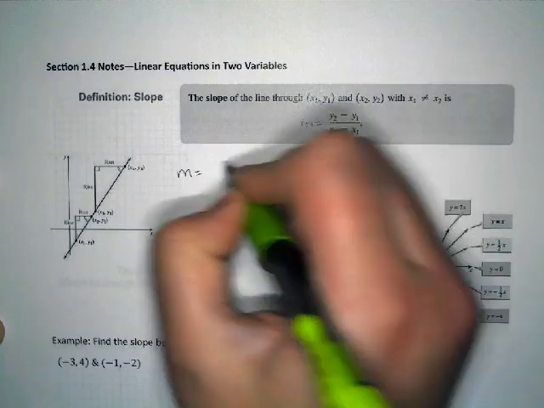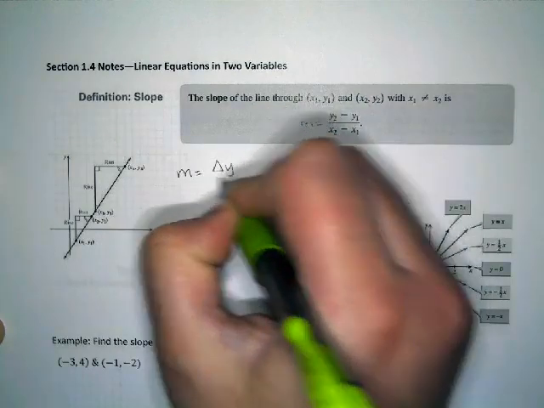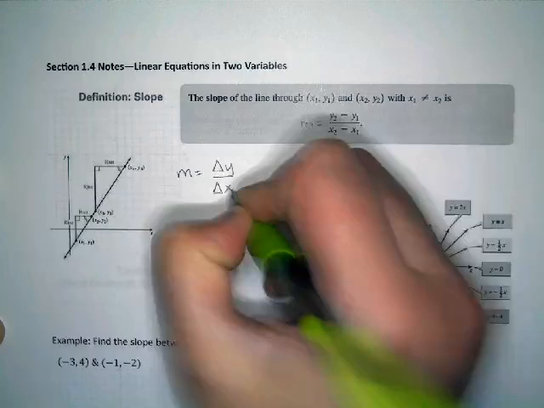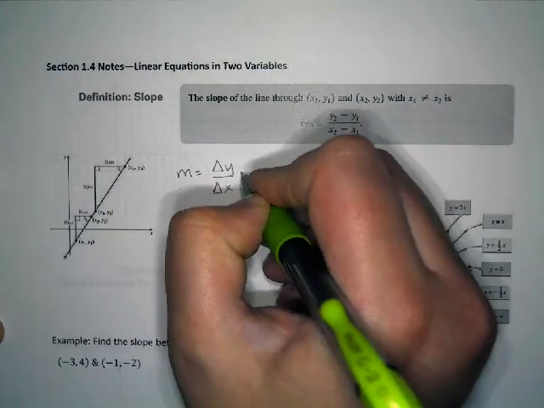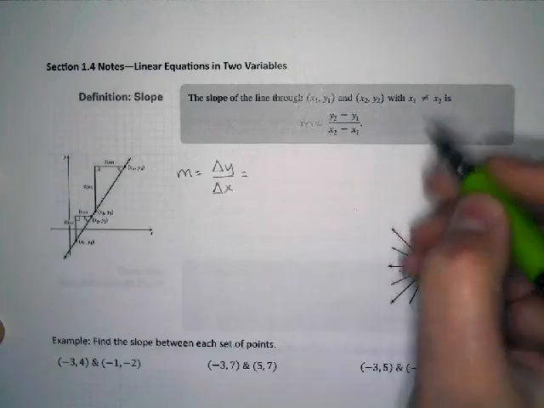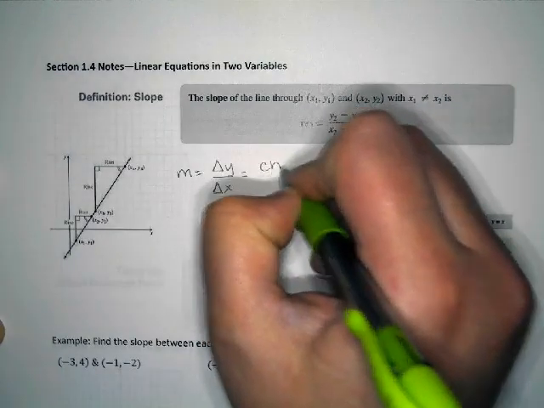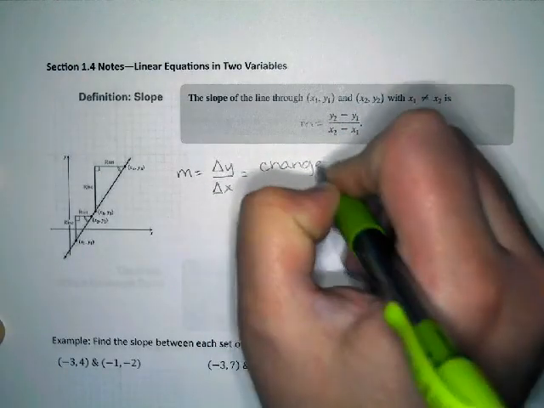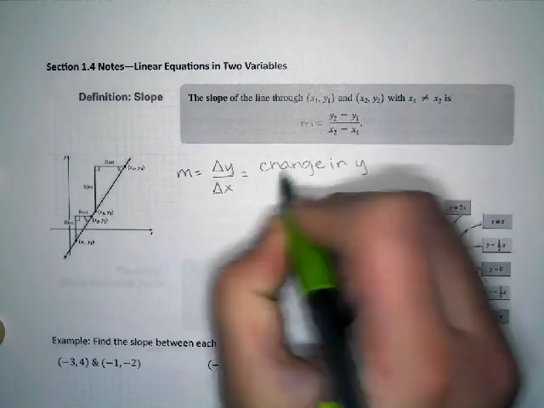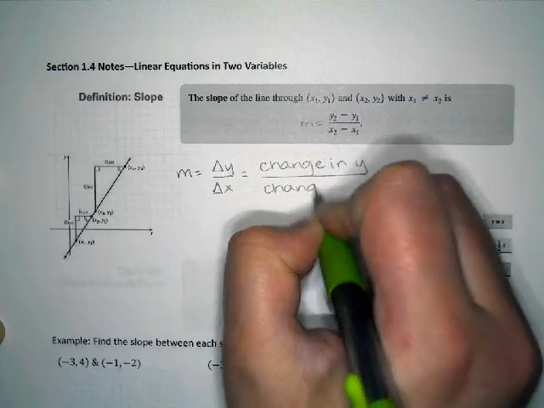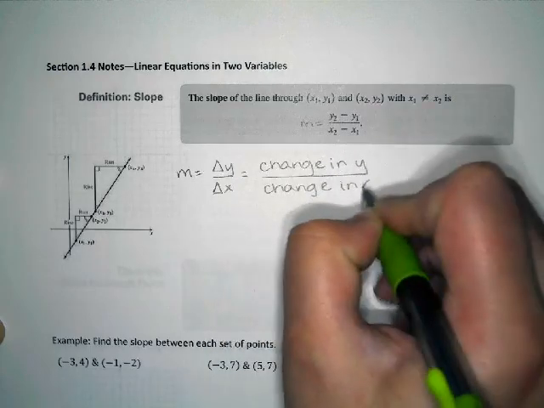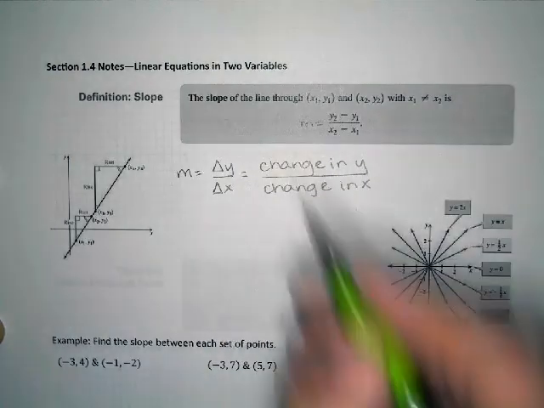They describe this as the change in y over change in x. This is the shorthand for change that we use. It's delta in Greek. So this is change in y over change in x. Hopefully this is ringing a bell.